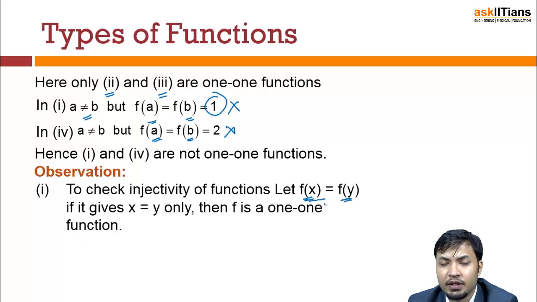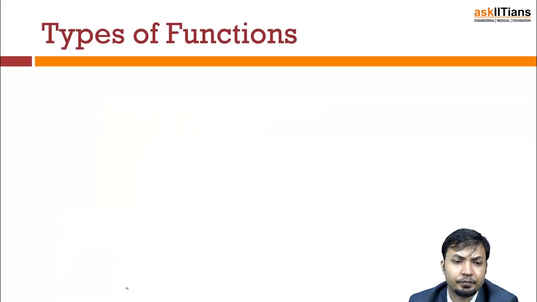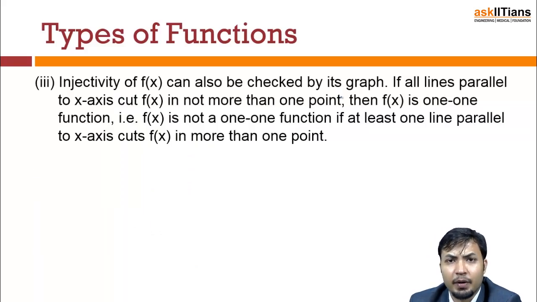You see, in this case, if you compare both the functions and solve it, you will get x equals y. Also, for x equals y, f(x) equals f(y) is true for all functions based on the conditions, but its converse is true only for one-one functions. Okay, an important selling point for this function. Now the injectivity of a particular function can also be checked by its graph.